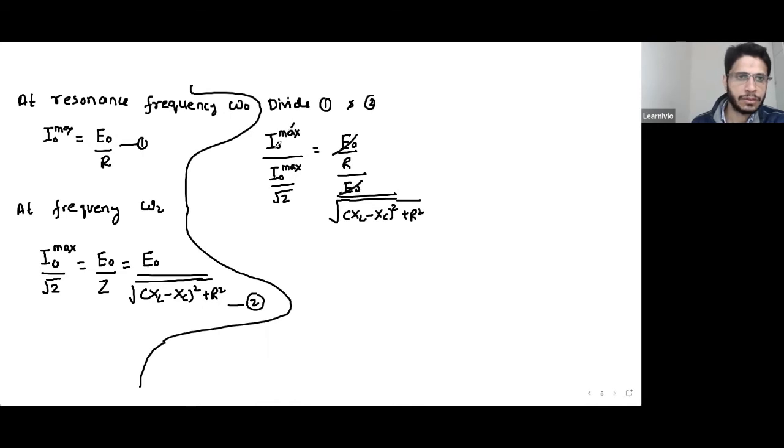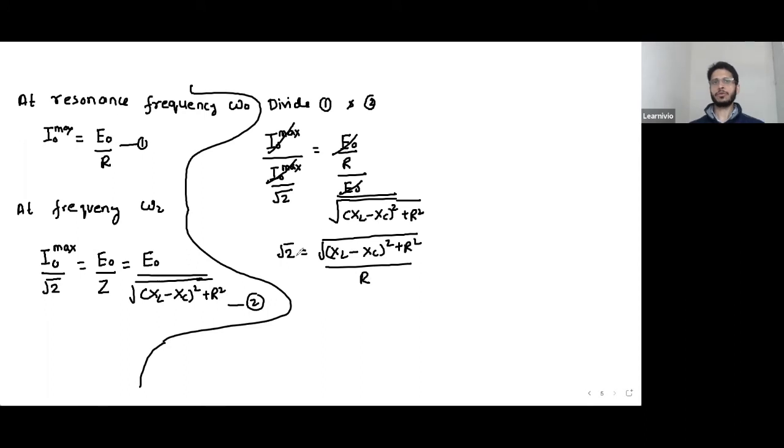Let's cancel out. So it's root 2, and this is root over (XL minus XC) square plus R square divided by R.